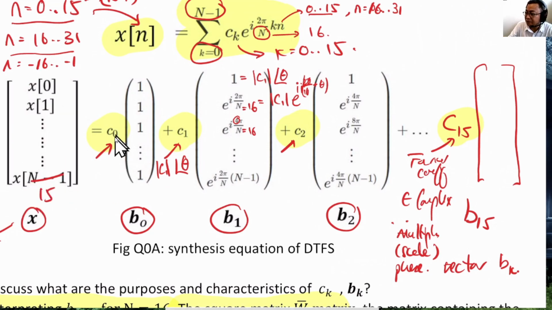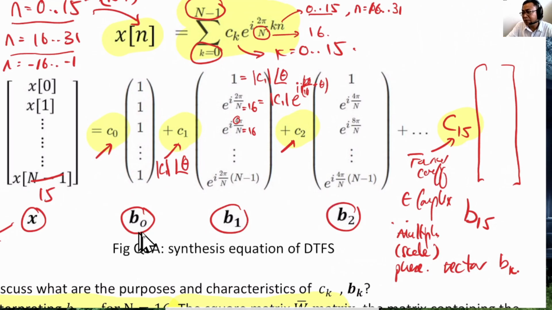So for example, if c0 is a very large value, then we know that this vector x is very near, or very similar looking to, this constant 1 times this scale. So this is the purpose, which is the Fourier decomposition of a vector into these complex exponentials. And the c's will tell us how much, as in the scale, and the phase shift that will be needed for each different frequency.